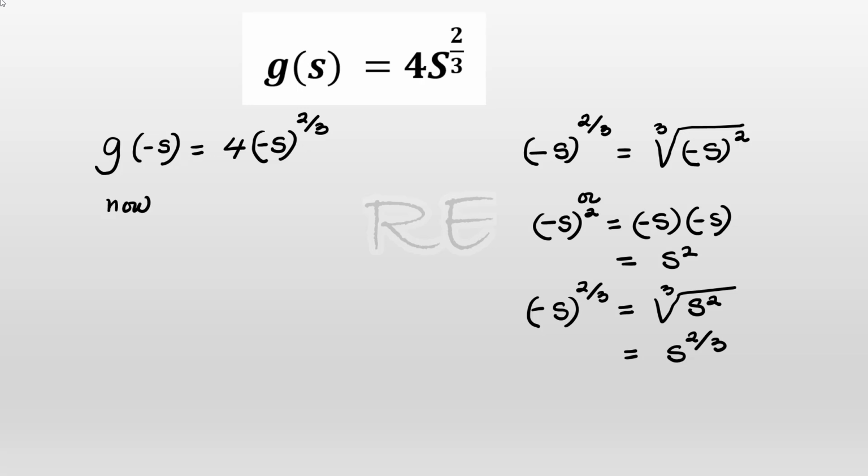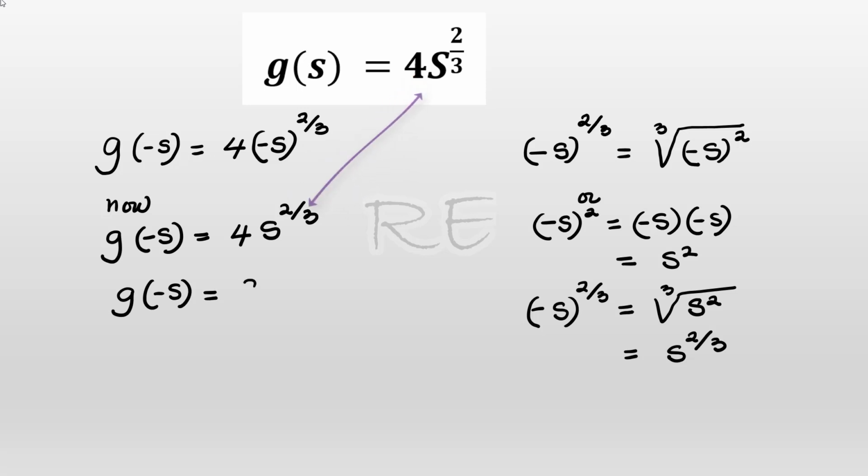Now we're going to go back to g(-s), and we are going to replace (-s)^(2/3) by s^(2/3). We realize that g(-s) is equal to g(s), the original function.